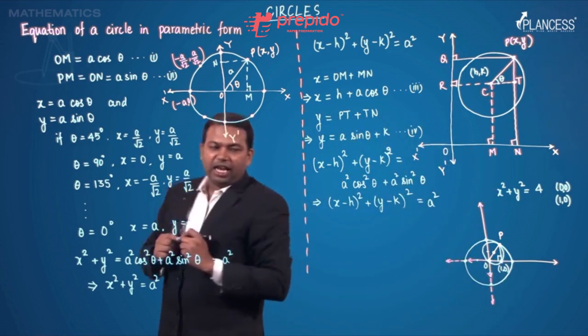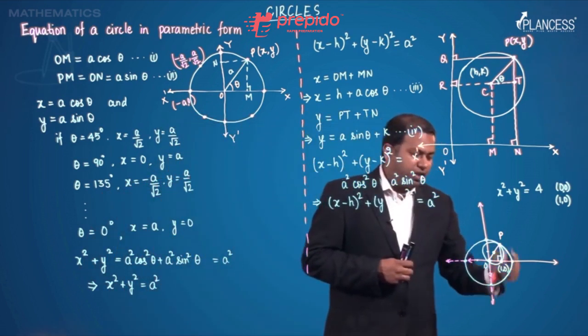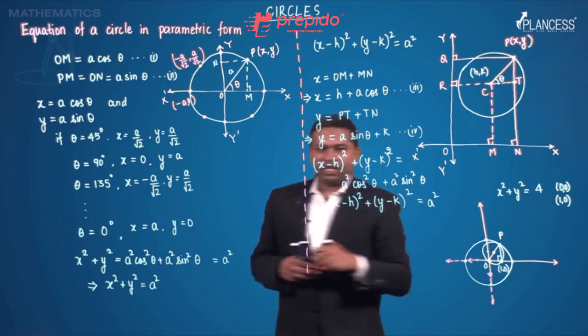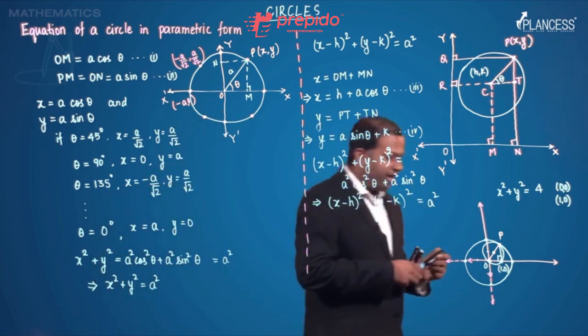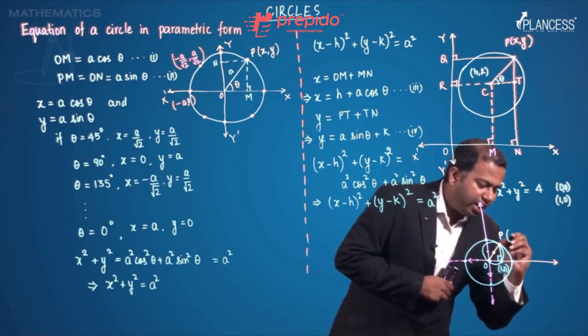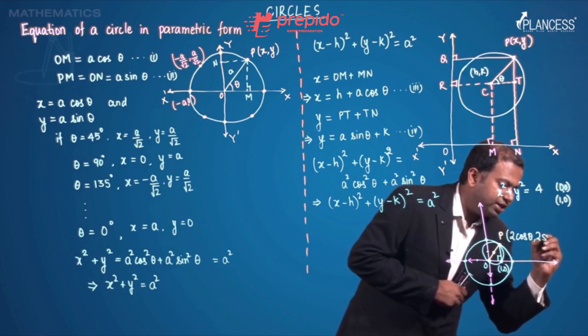Now this makes our life fairly easy to solve. Since the radius of the circle x square plus y square equal to 4 is 2, we can safely assume that the point P can be taken as 2 cos theta, 2 sin theta.